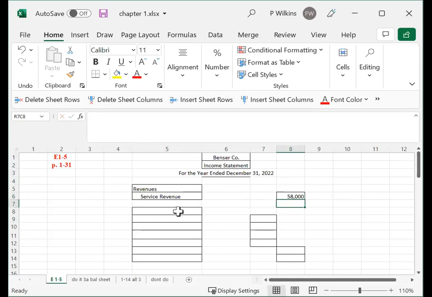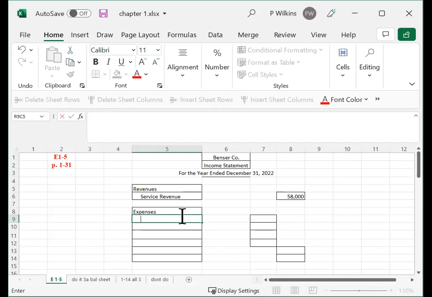So now we're going to go down to the next section, which are expenses, because remember the income statement lists revenues and expenses. So we're going to title that section expenses, and then we're going to go through and look at the expenses and try to follow the order in the book, but we're not going to get really hung up on it because remember the order for the expenses doesn't have to be exact. But they generally do salaries and wages expense first.